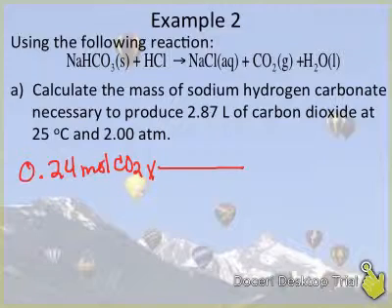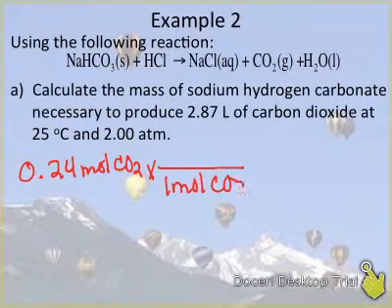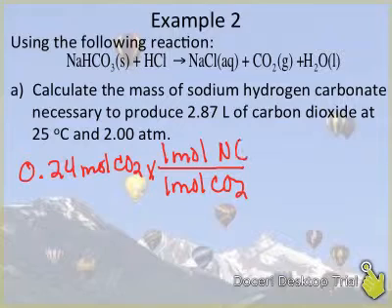So we look at our equation. Luckily for us, everything is a 1-to-1 ratio, but you still have to write it down because I can't read your mind, right? 1 mole of CO2 is going to produce 1 mole, and I'm going to be lazy, and I'm going to say NC, because I don't want to write sodium hydrogen carbonate over and over and over again, right?